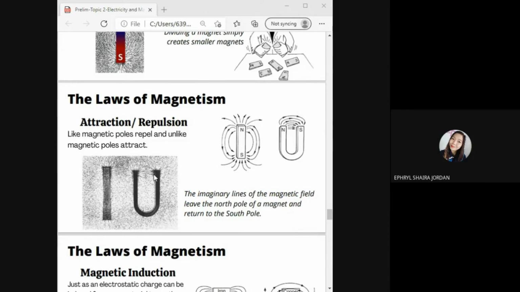So they placed iron filings near the magnet and it created a line. So again, the imaginary lines of magnetic field leave the north and return to the south. Ganyan siya.